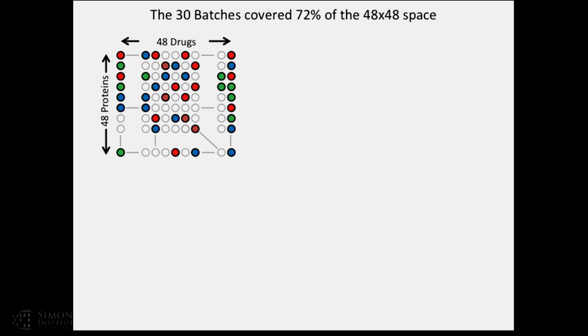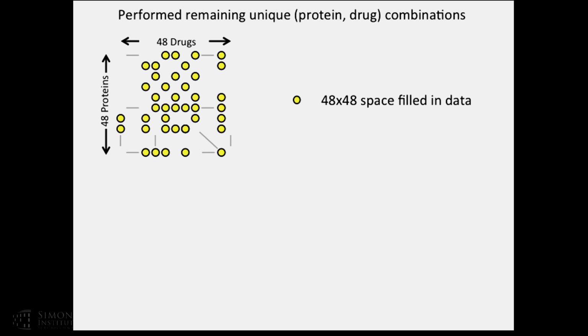And that represented 72% of the drug target combinations when you take into account the duplication. Right? So as long as we sampled one from every quad, we dealt with that one. So then we did the remaining unique combinations after the fact. So we did a last round where we just filled out the 48 by 48 space.